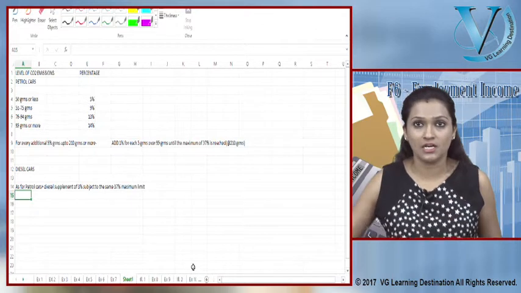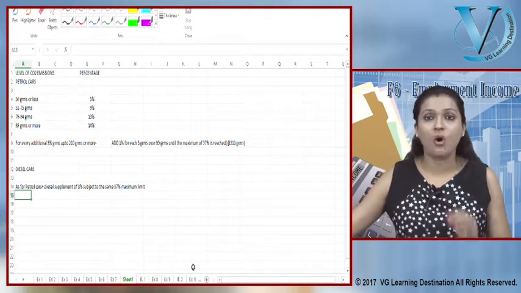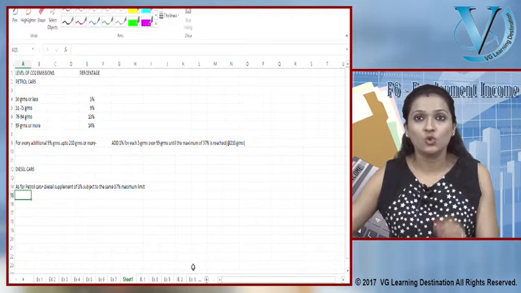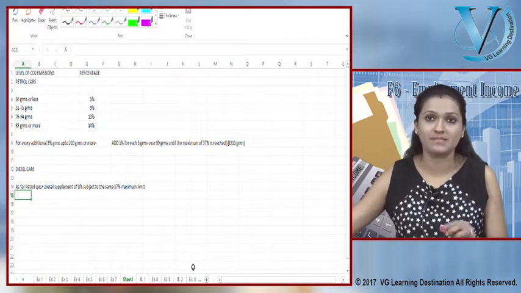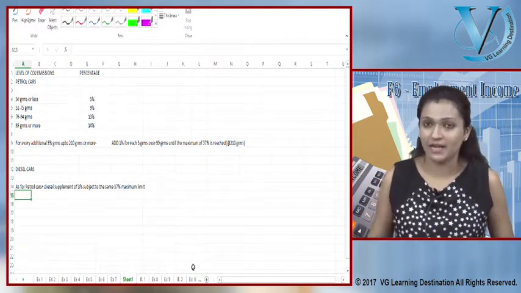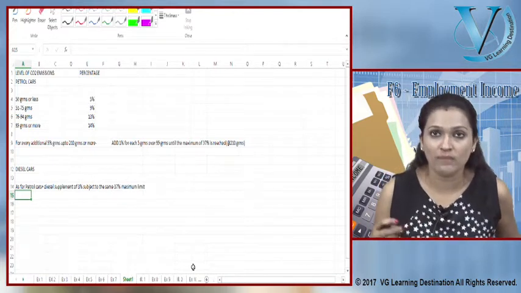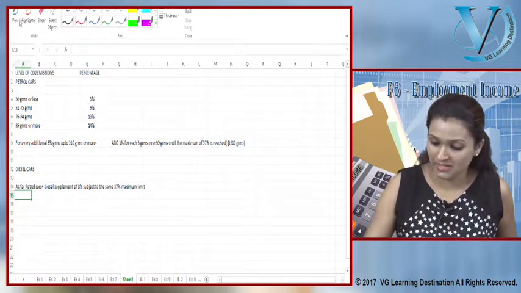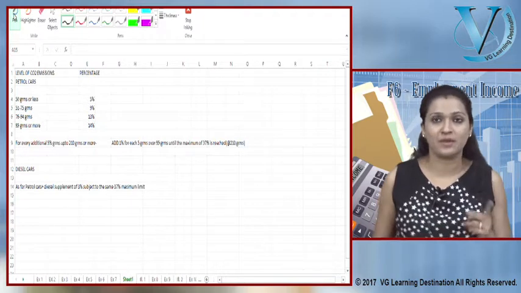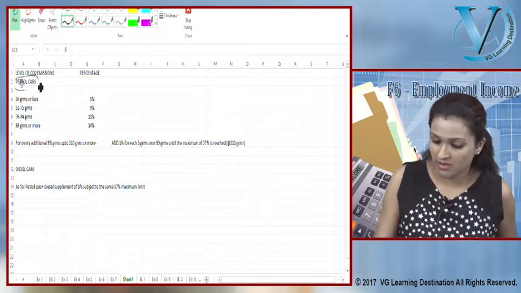You need not learn this chart, but you need to know how to practically use these percentages. What percentage are you going to fall under depending upon the CO2 emissions of your car? You first check whether it's a petrol car or a diesel car.